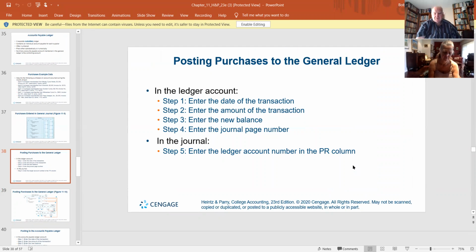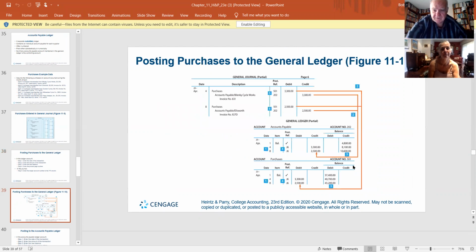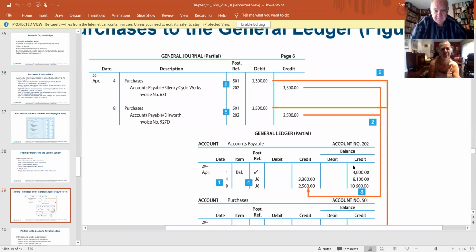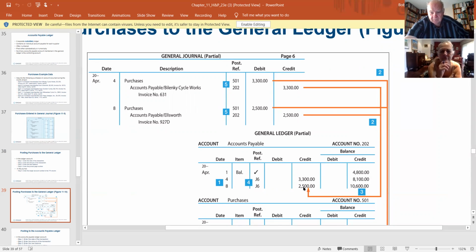Posting to the general ledger. Well, I think we can skip this slide because we kind of know how to do this already, right? We've been doing it since the beginning of time here. There is our journal entry, right? Accounts payable, $3,000. There it goes down into the general ledger, $3,000.